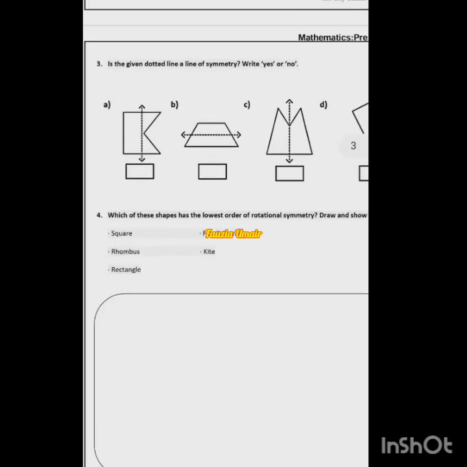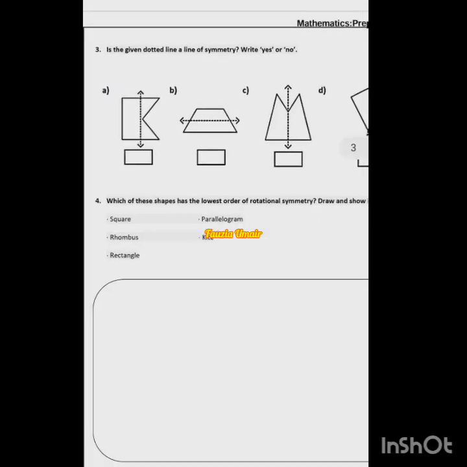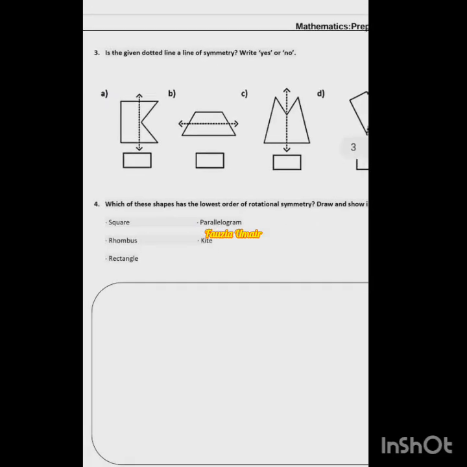So the third question: is the given dotted line a line of symmetry? Yes or no?